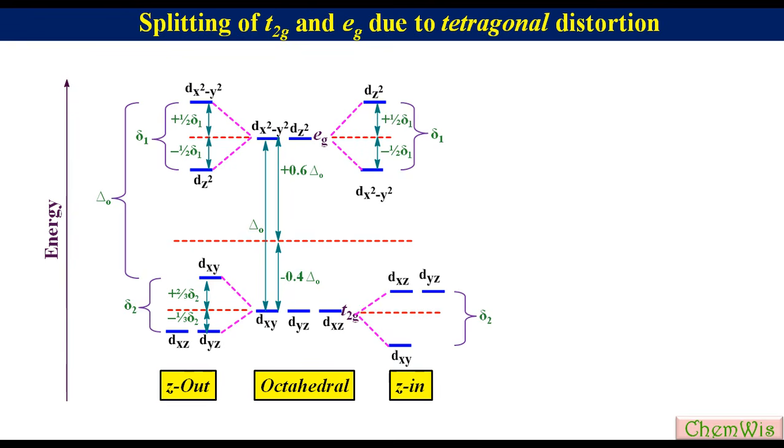The energy of dxz and dyz is raised by 1 upon 3 del 2, while that of dxy is lowered by 2 upon 3 del 2. The difference between the energy of dx square minus y square and dxy is equal to delta O. Here, delta O is far greater than del 1, which in turn is greater than del 2.